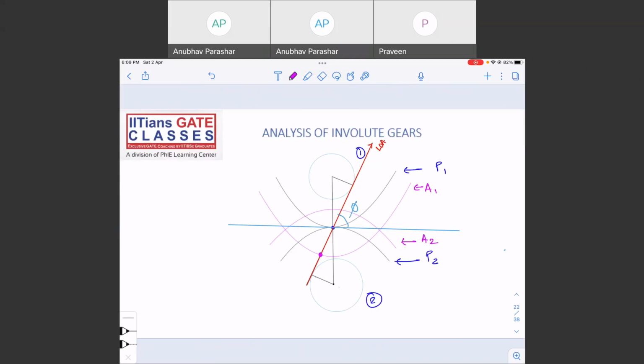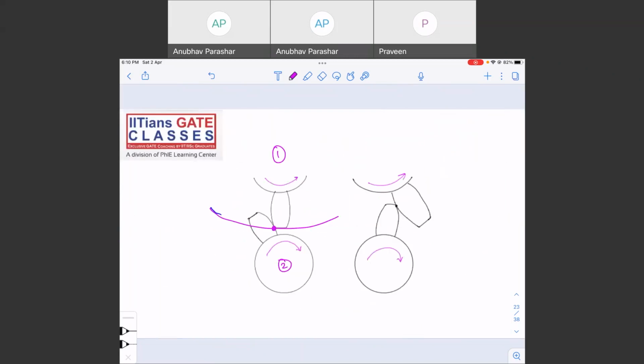And when will the contact end? When the addendum of gear 2, A2, is touching the tooth of gear 1, that is the last point of contact.